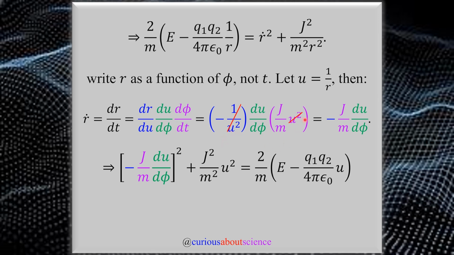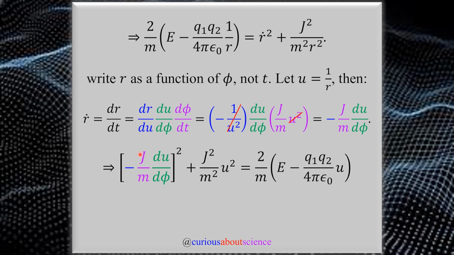And then we see that u and u cancel, so we get rid of it. Now that we have r dot equal to negative j over m du dphi, plug this back into this, and we turn ourselves into a nice differential equation that we can work our way through. Notice that with the substitution of u, we have a u squared here instead of this r squared, so we're good to go.